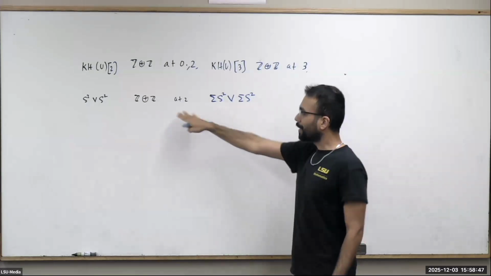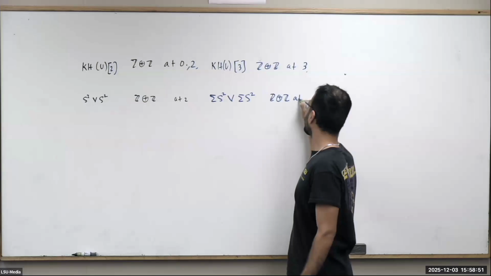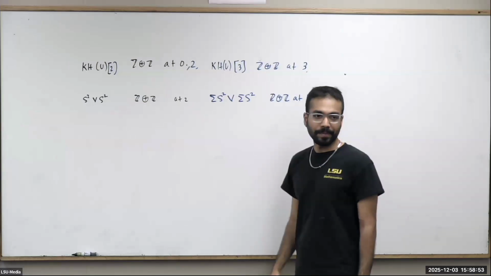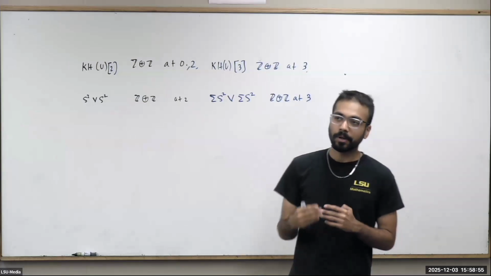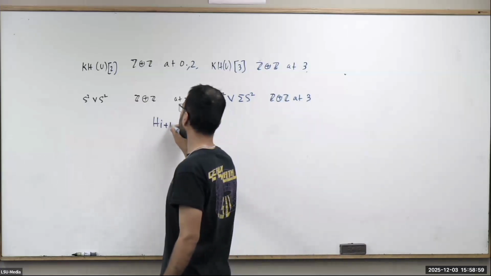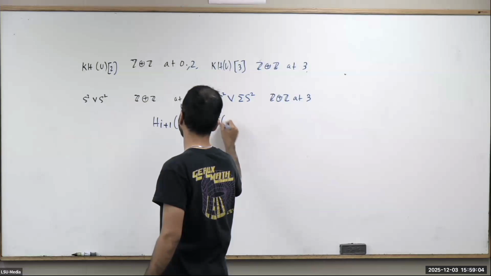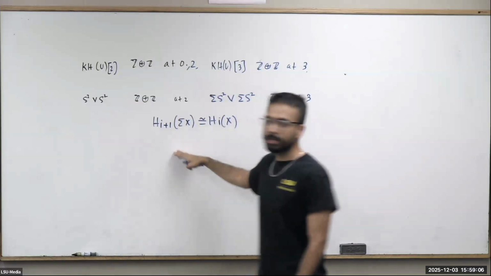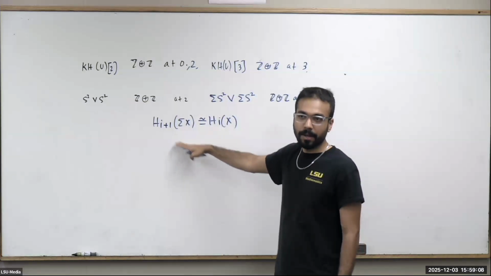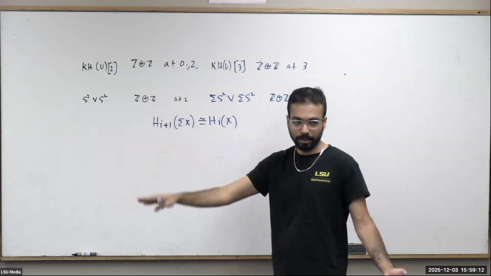Now this guy will have homology Z direct sum Z at 3, 0 elsewhere. So homology behaves nicely under suspension: H i plus 1 of the suspension of a topological space is isomorphic to H i of X.